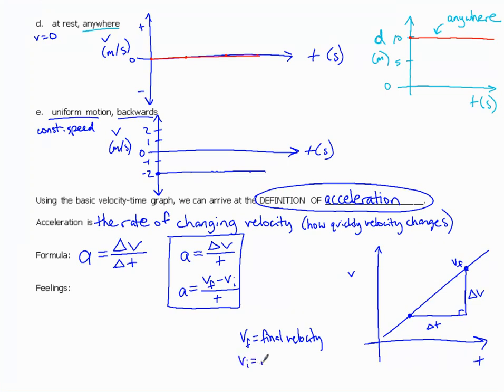Vi is initial velocity. So this is our initial velocity as far as the slope was concerned. If you're stopping at a stop sign, your initial velocity might be here. But as far as our slope, this was initial, this was final.